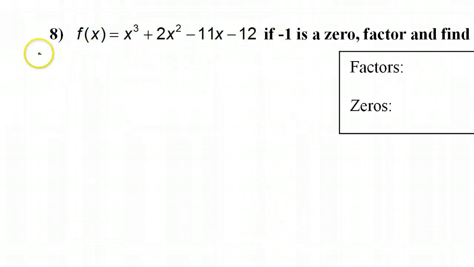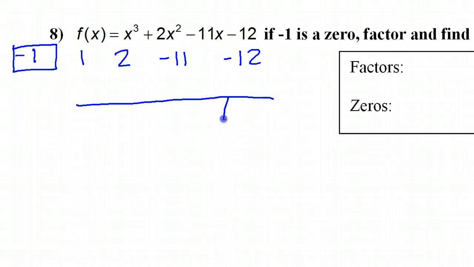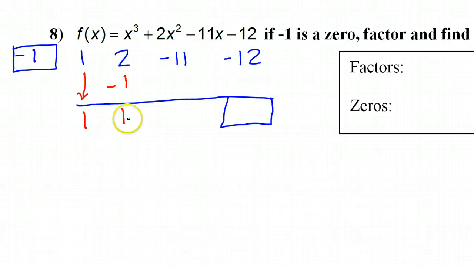Okay, once again, the 0 is negative 1, so I'll put a negative 1 in here. The coefficients are 1, 2, negative 11, and negative 12. Bring down the 1. 1 times negative 1 is negative 1. Put these together, I got positive 1. 1 times negative 1 is negative 1. Put them together, I've got negative 12.